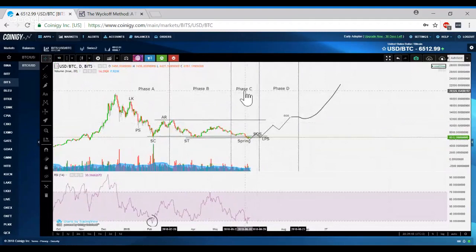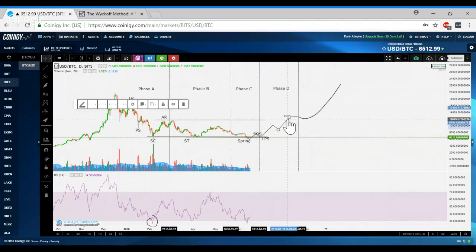After phase C is completed, we should be getting another sign of strength. And the sign of strength in this case should be the breaking of the automatic rally high. So the level of 11,500, which I've said plenty of times, is a very important level. This level should be broken, and price should make another test.